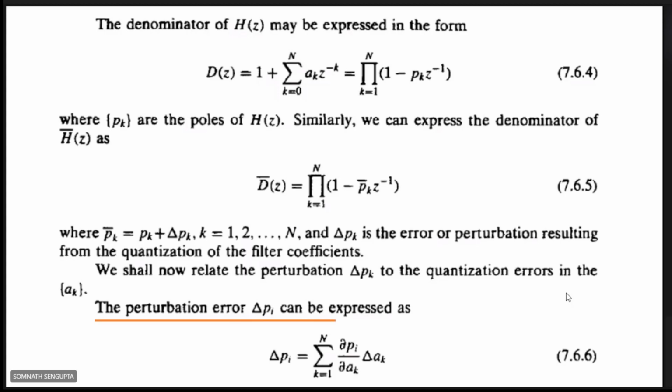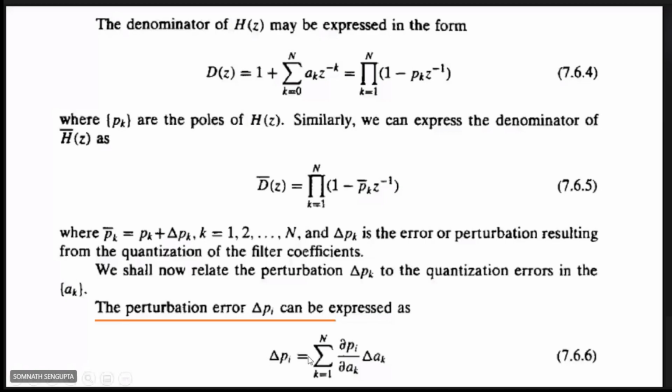There are n number of filter coefficients a1 to an. So we see that it is a summation of dou pi by dou ak into delta ak.